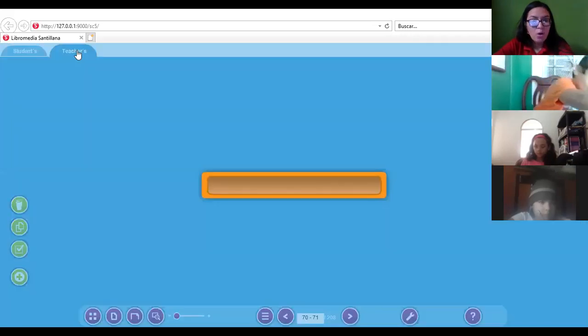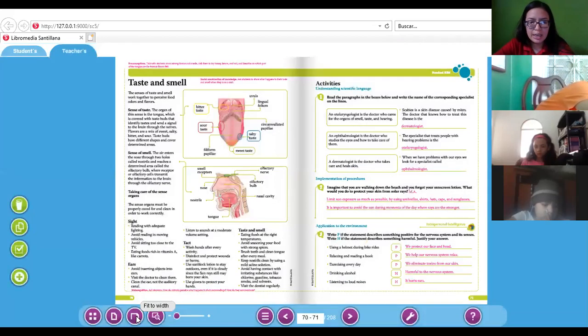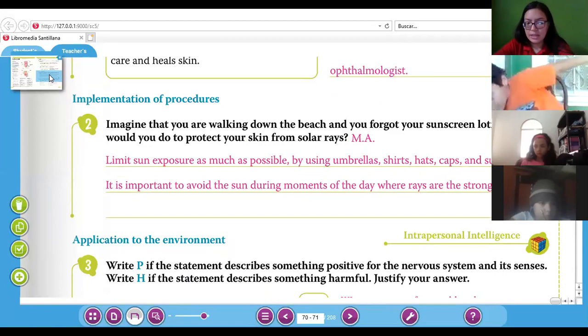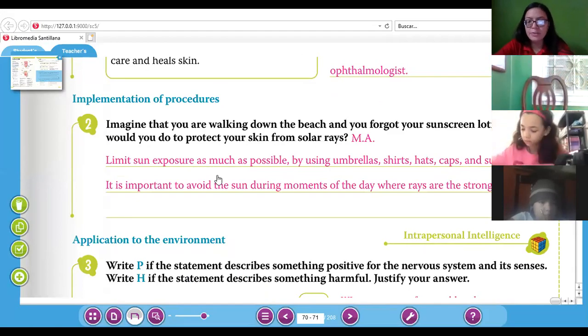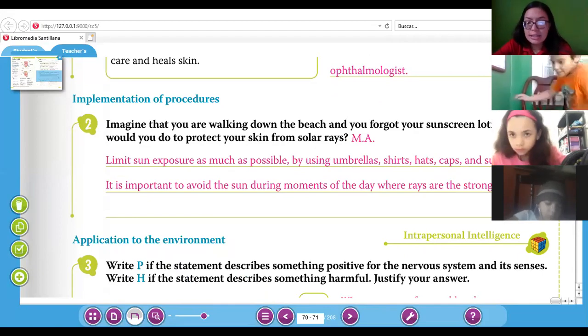Okay, so another thing that you can do, guys, is to limit the sun exposure as much as possible. So I just said you look for a safe place. By using umbrellas, you also can use shirts, hats, caps, and sunglasses.